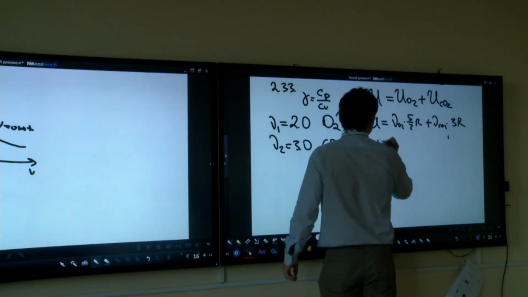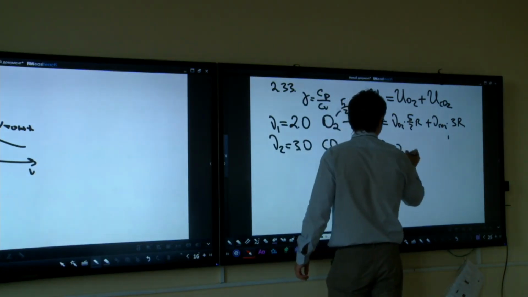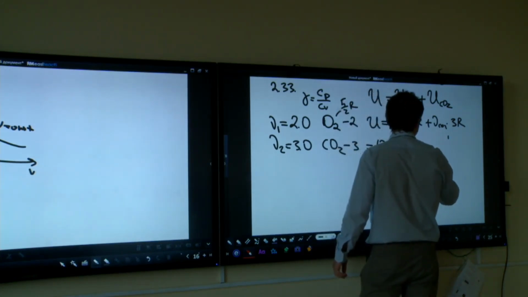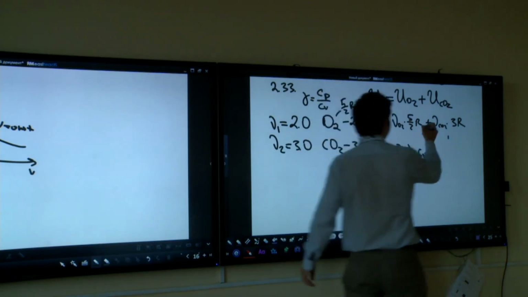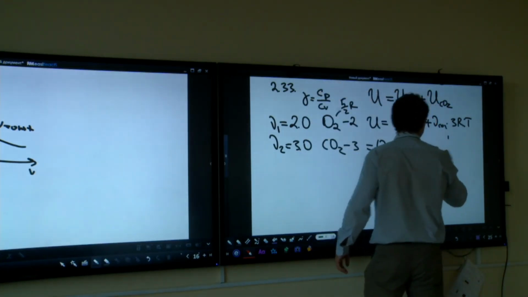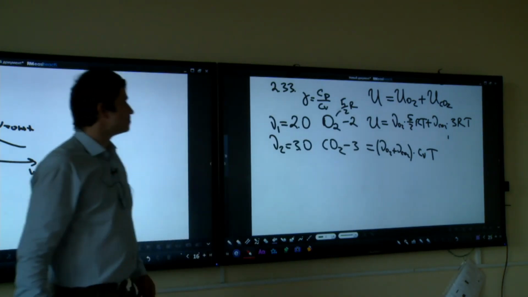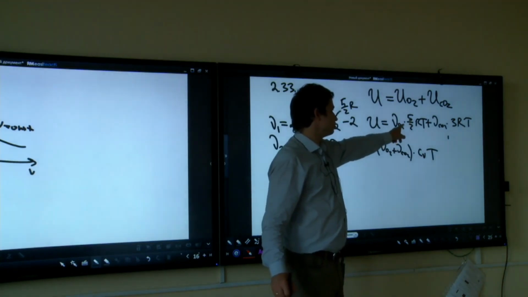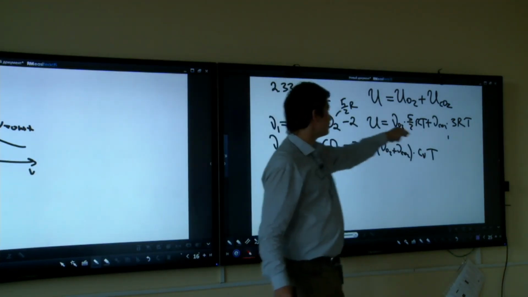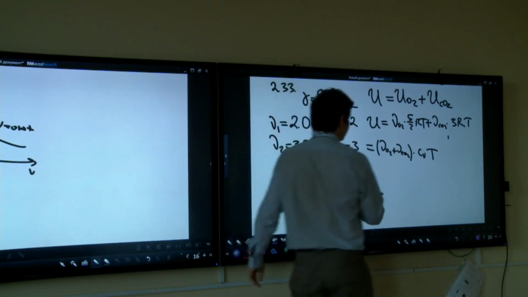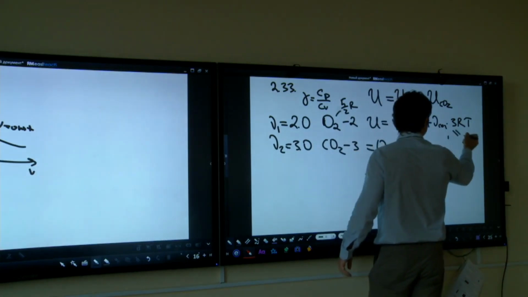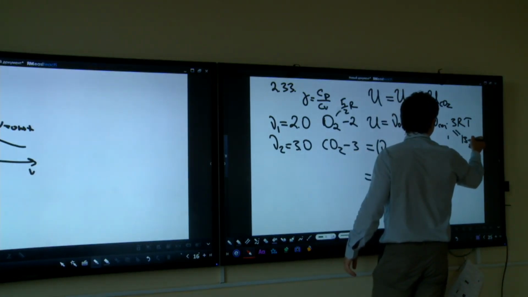And now I can present it as follows, times Cv, which I want to calculate, times temperature too. 2 times 5 over 2 gives me 5. 3 times 3 gives me 9. 5 plus 9, that's 14 RT.